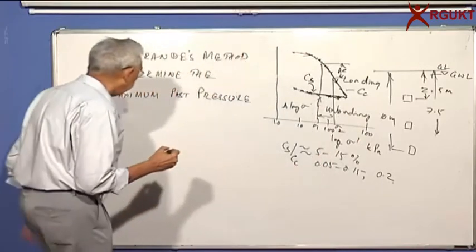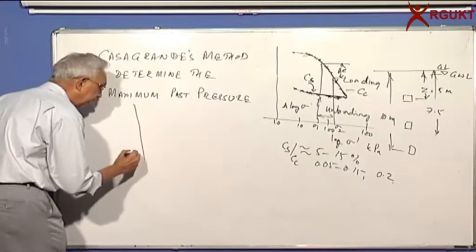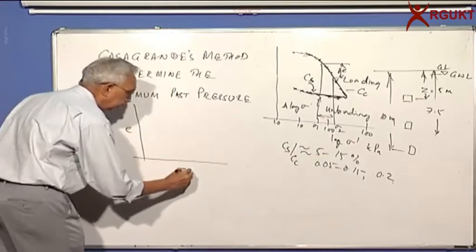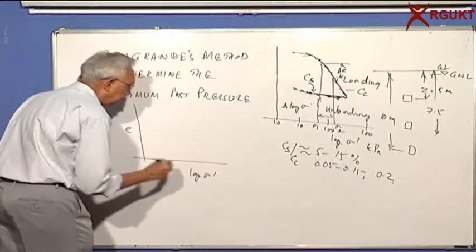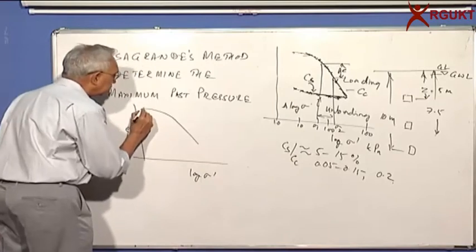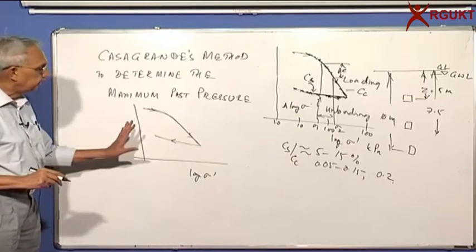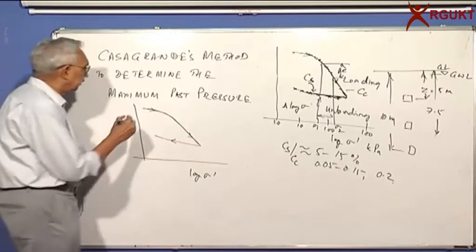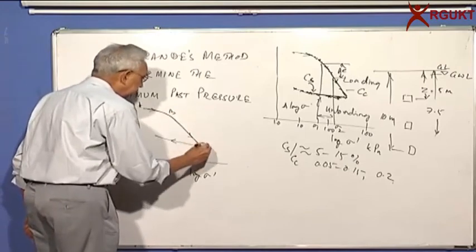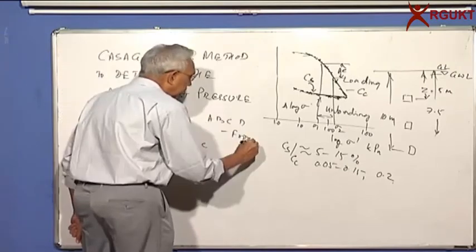So what he said was, you plot the e-log sigma plot and say the curve is something like this. This is the experimental plot. This curve A, B, C, D is obtained from consolidation.